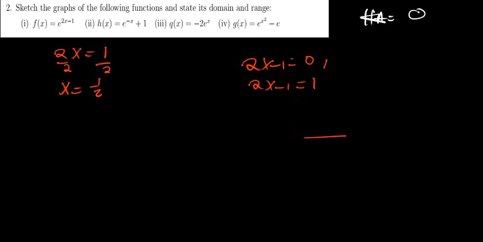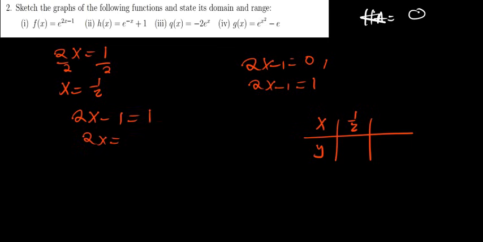That will be the first coordinate. So x will be equal to 1 over 2. Now 2x minus 1 is equal to 1. So 2x will be equal to 1 plus 1. That gives me 2x is equal to 2, divided by 2, x is equal to 1.